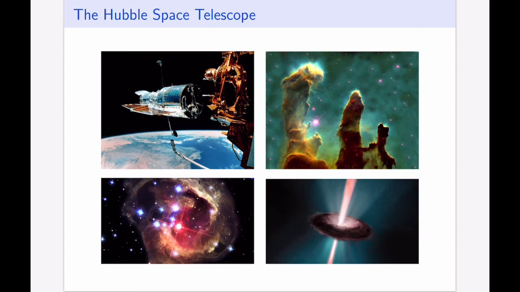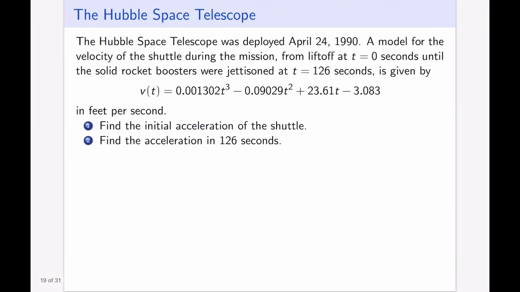The formulas for the actual velocities and the positions of the shuttles and the telescopes are, of course, very carefully calculated and kept. So here we have a model of the velocity of the shuttle during its mission from liftoff at t equals 0 seconds till the solid rocket boosters were jettisoned at t equals 126 seconds.